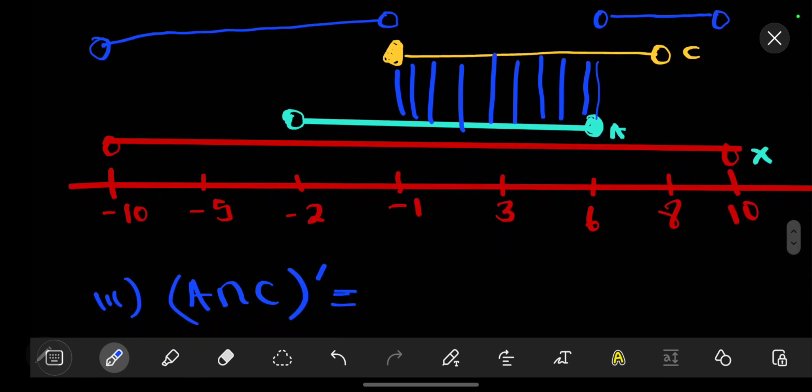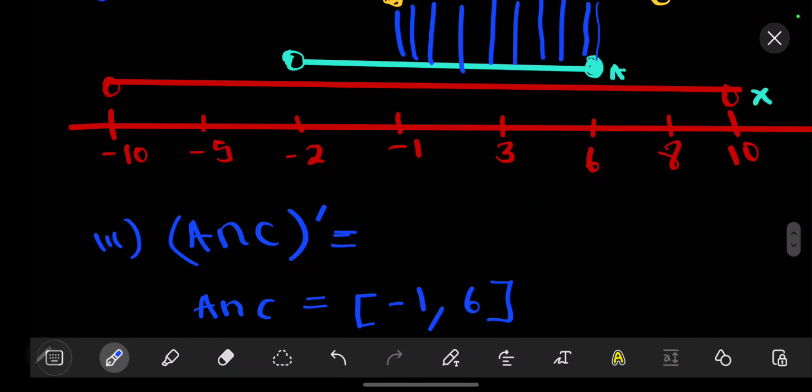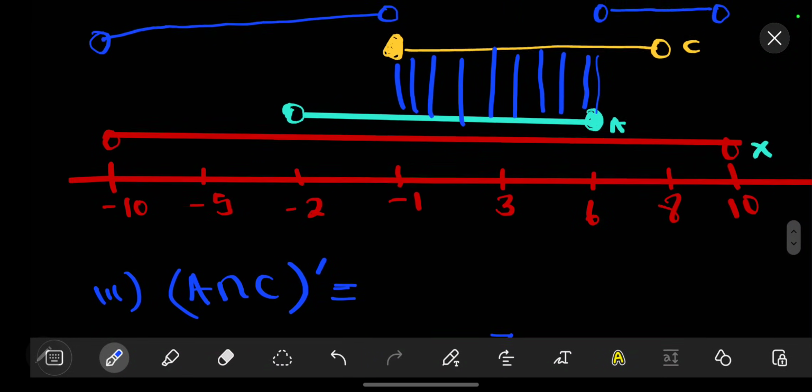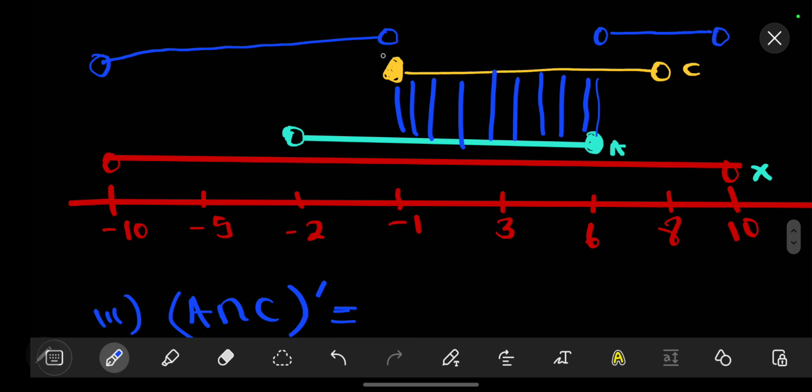So to finally shade this, it will be equal to a intersection of c complement, which should be from negative 10. We begin from the smallest, which should not be included since it is not there in the universal. So it will be negative 10 comma negative 1, which should also not be included since it is there in the intersection.